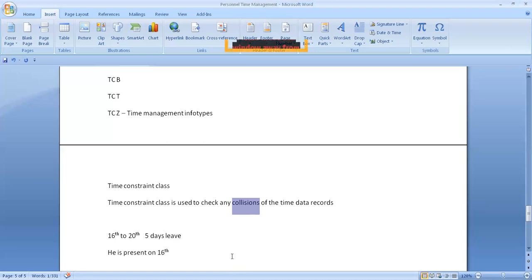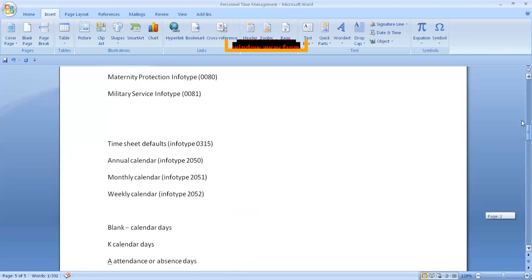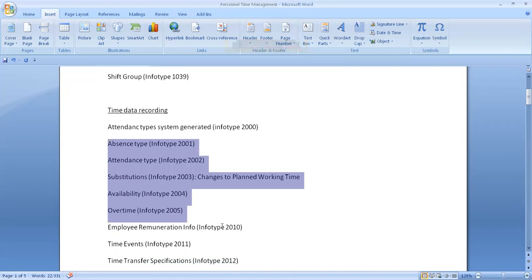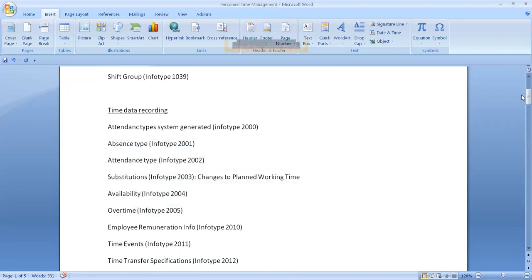So we can specify different info types that we have discussed. For attendance, for example, absence type 2001, attendance type 2002, 2003, 2004, substitution, availability, overtime. All these are checked by the system.